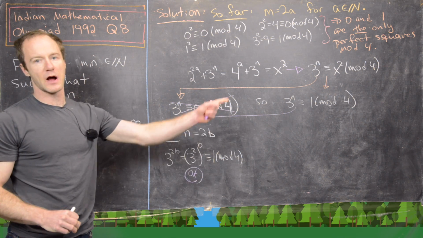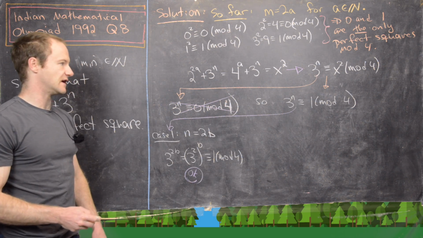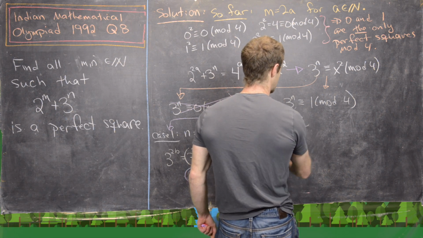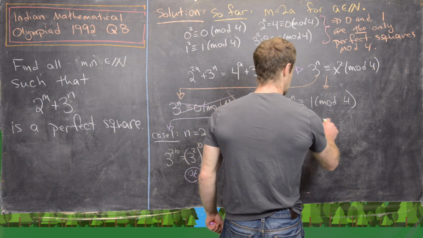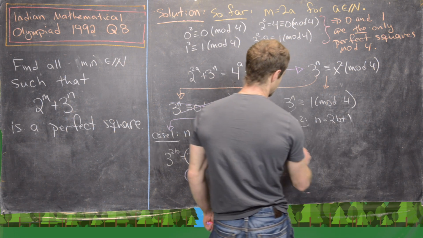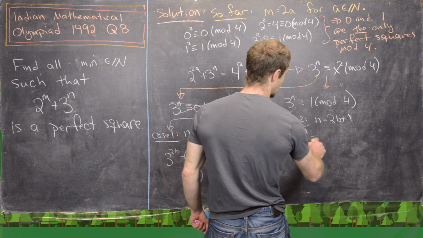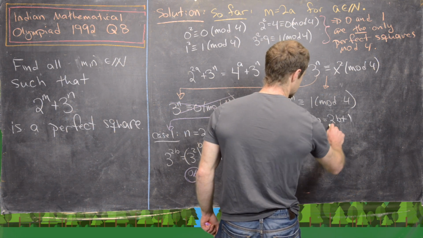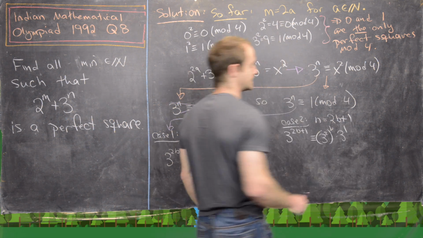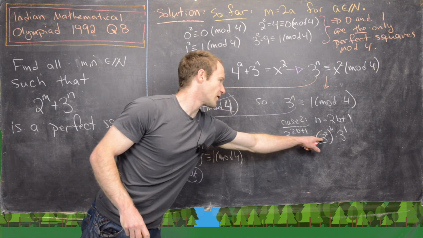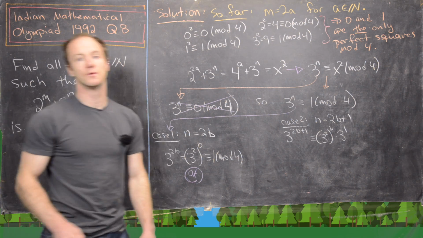Now, you can probably guess that we're not going to be okay in the other case, but let's just go ahead and see that. So case number 2, we have n equals 2b plus 1. So that's going to give us 3 to the 2b plus 1. Well, that's congruent to 3 squared to the b times 3 to the 1 using exponent rules. But just like before, that's going to be 9 to the b, which is 1.